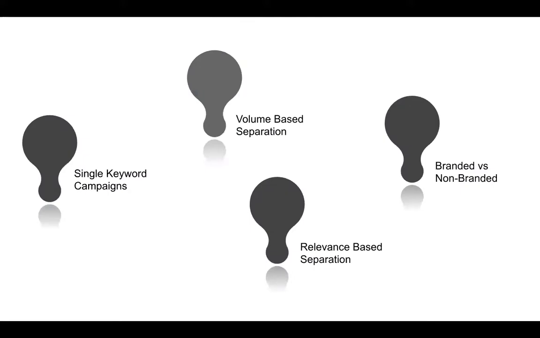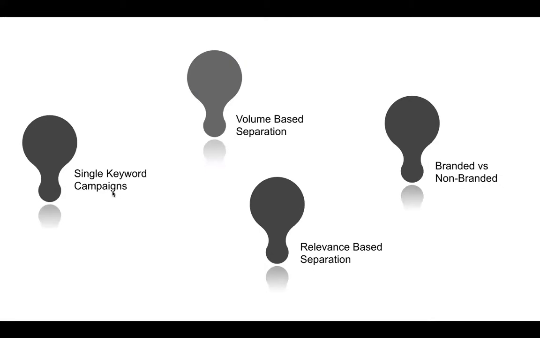Now, here are some examples of how you might want to separate all your keywords. And you don't have to follow all of these or any of these, but these are just ideas based on your business and what makes most sense to you. So single keyword campaigns, and by single keyword, I don't mean like one.